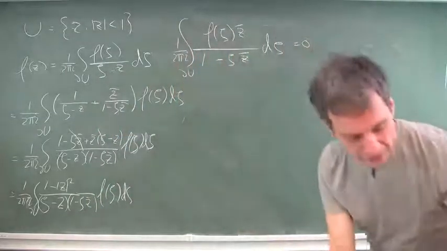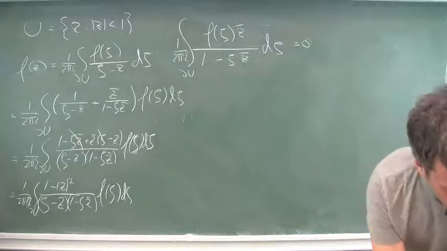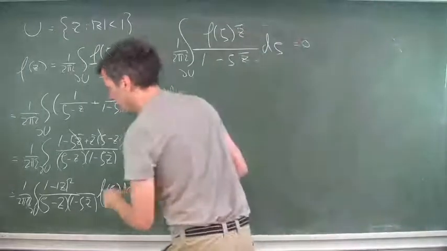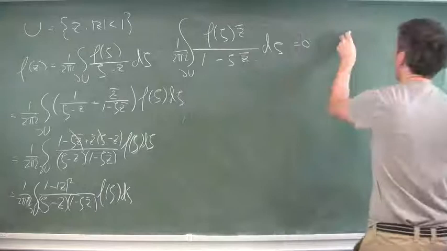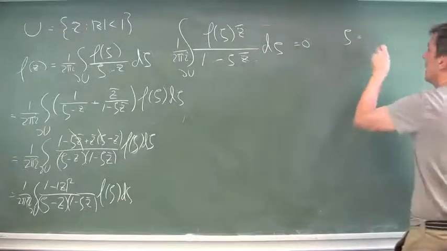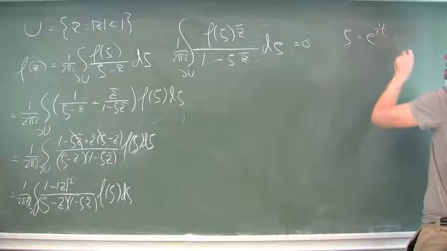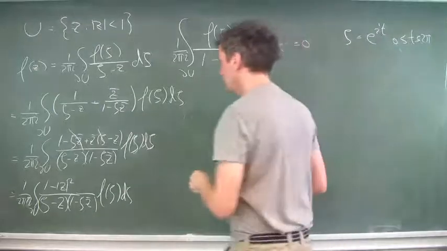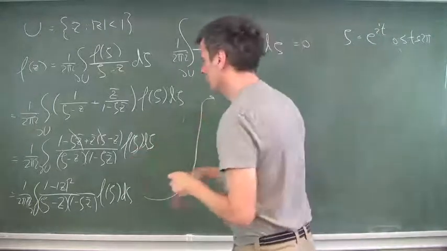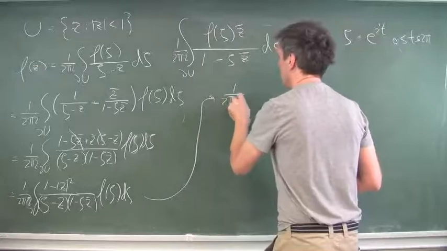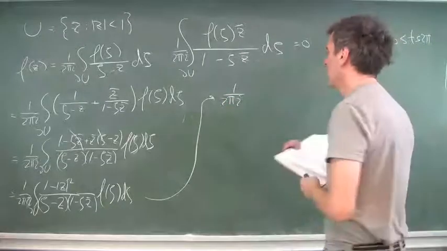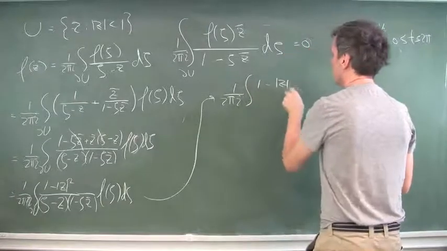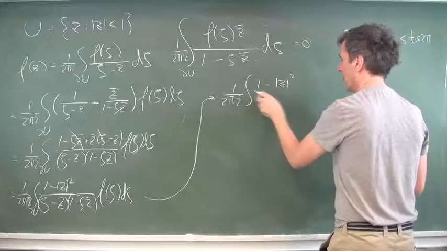In order to rewrite this in a better form, we now have to parameterize the unit circle, which we do as usual by putting zeta equal to e to the i t. And then we see that this integral can be written as 2 pi i times 1 minus the absolute value of z squared.